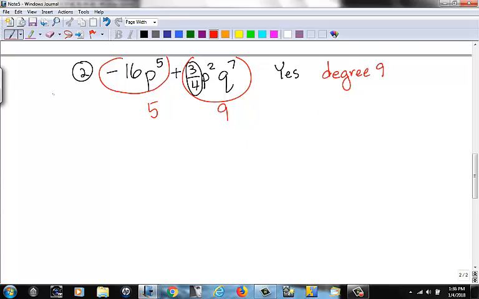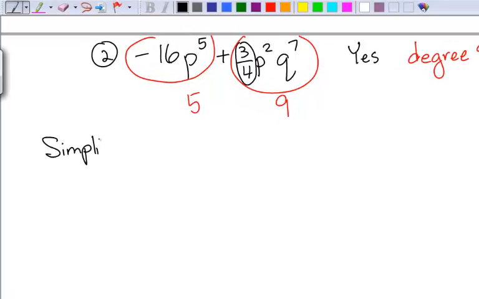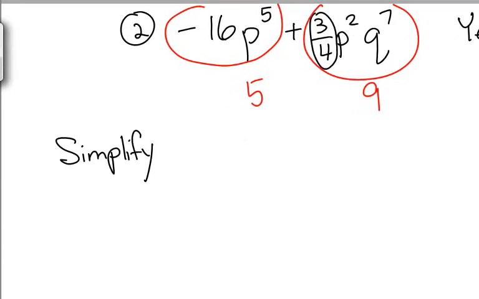Okay, and then the last part, they're just going to give you problems to simplify polynomials. We simplified monomials earlier. Now they're going to give you polynomials. So, example. And you got to pay attention to the parentheses and the signs in between.